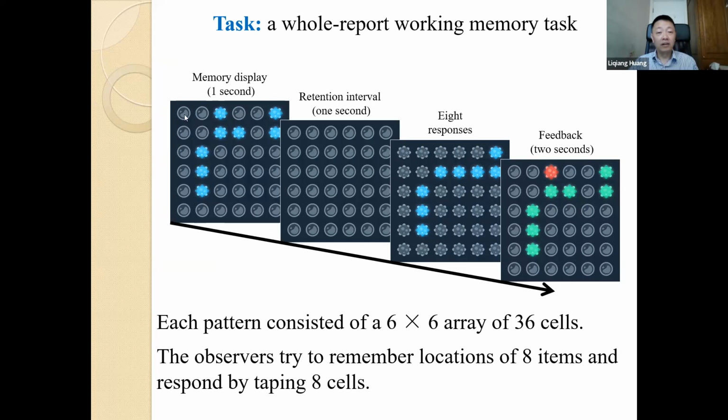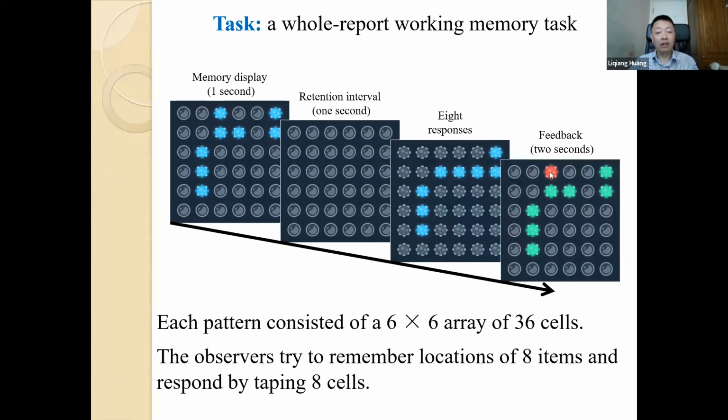So this is the particular task. I present a 6x6 array of items, and then the observers, the players, have to remember 8 of them, and after 1 second, they have to report those 8 by tapping on the cells according to their memory.